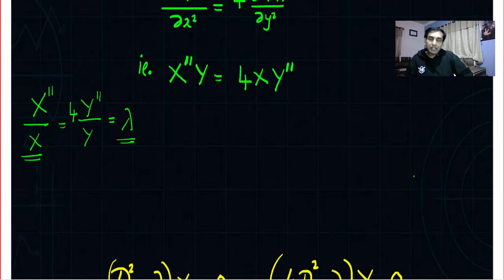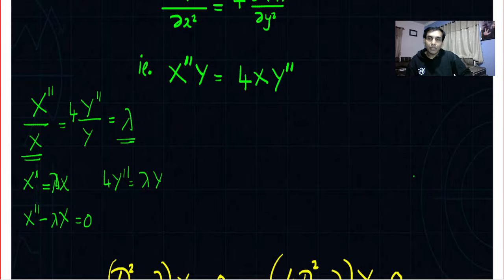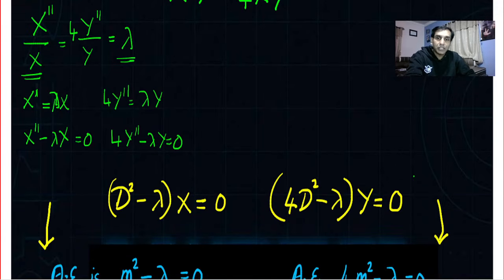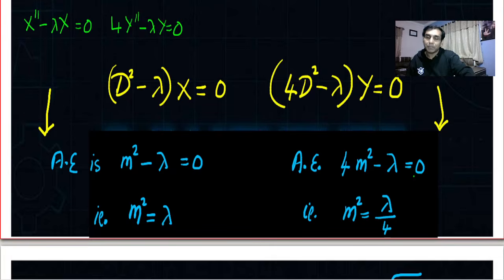Now equating the first and last, x double dash by x equal to lambda means equal to lambda times x, and 4y double dash equal to lambda times y. So x double dash minus lambda x equal to 0, 4y double dash minus lambda y equal to 0. And you can convert it into the standard notation and you'll get this. It's the same thing that we had been doing for a long time. Okay, and then I'm going to solve this.